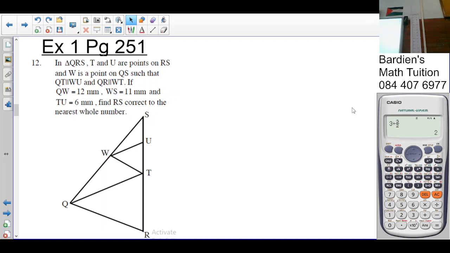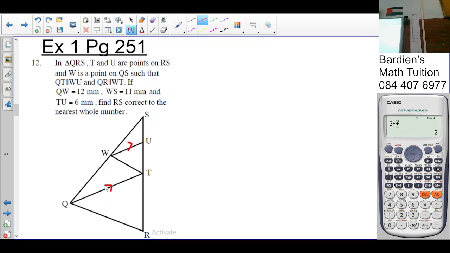People, number 12, we are told that in triangle QRS, which is a big triangle, T and U are points on RS, with W a point on QS, such that QT is parallel to UW.